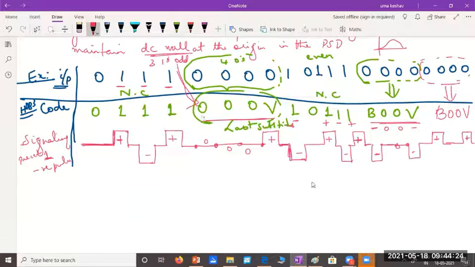Okay. And similarly for this B00V, if the preceding pulse was positive, then B and V both will take negative values. Again, there is a violation of the bipolar rule here. Whereas if the preceding pulse was negative, B and V both will take positive values. So if you remember this, it is more than sufficient for how you will do HDB3 signaling. Any doubts with this?